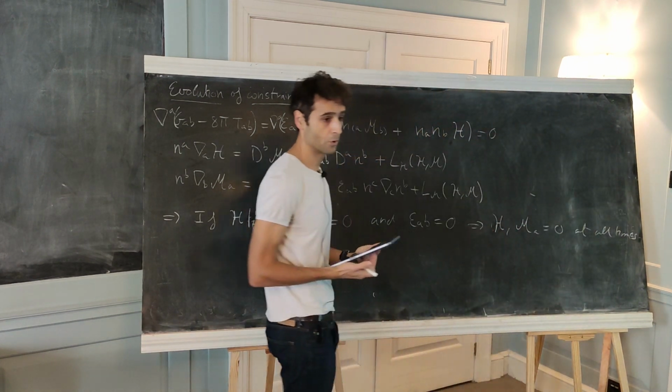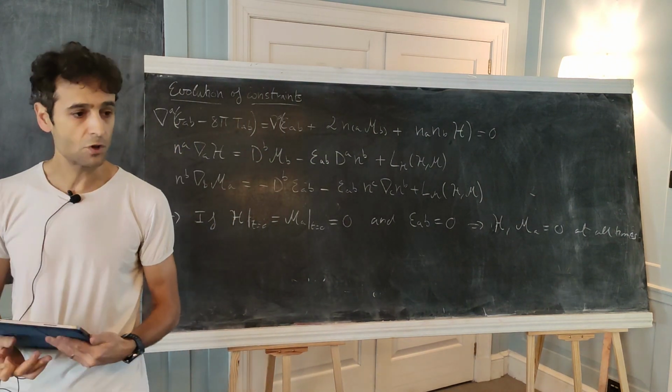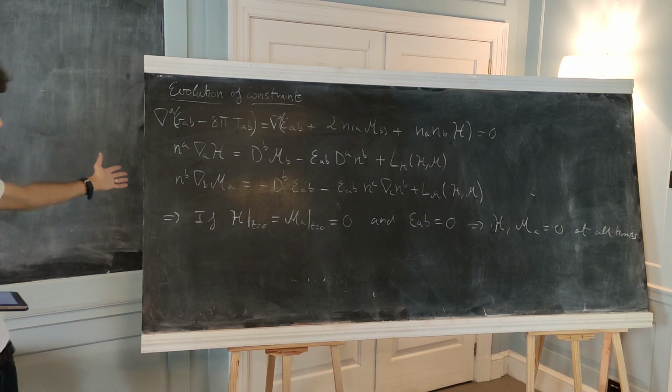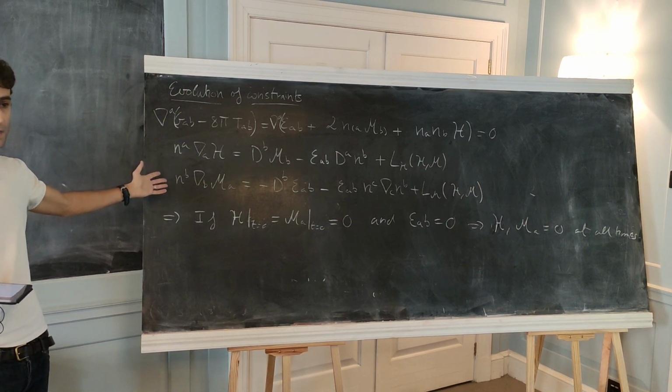Okay? So that's important. So this is basically the strategy that one uses in numerical relativity, what is called free evolution. So what we do is we satisfy the constraints initially, and then we just solve the evolution equations, the Einstein equations, and this guarantees that the constraints will continue to vanish in the future.